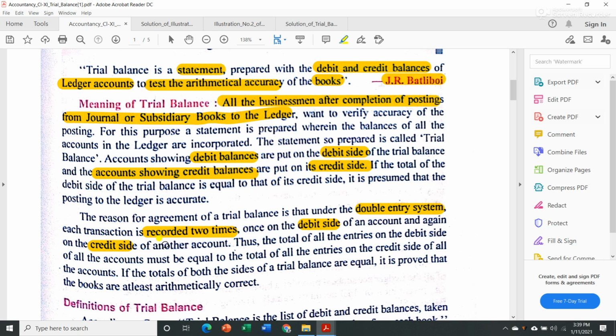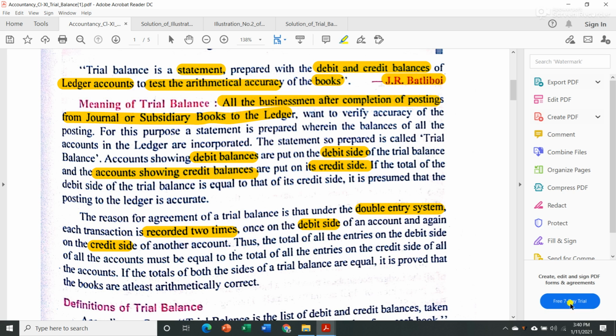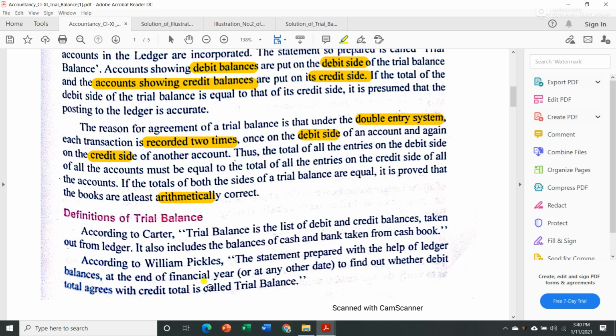So that is why the debit and credit columns of a trial balance are always equal. Thus the total of all the entries on the debit side of all the accounts must be equal to the total of all the entries on the credit side of the accounts. If the totals of both the sides of a trial balance are equal, it is proof that the books are at least arithmetically correct.